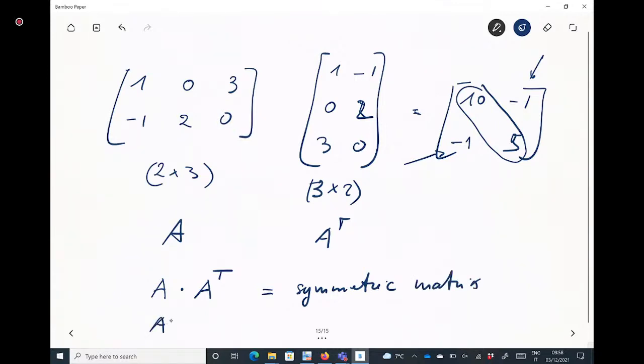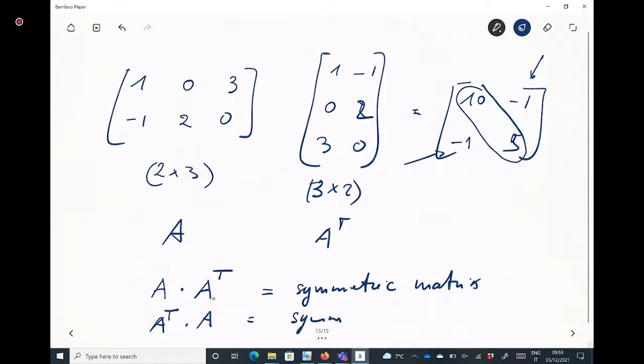Of course, also if you do A transpose times A, you get a symmetric matrix. Remember that this can be very different matrices, okay? For instance, this is a 2 by 2, but if you multiply this times this, as the first factor is this, you get a 3 by 3 matrix, which is symmetric.